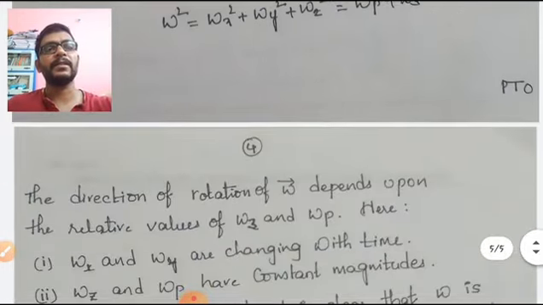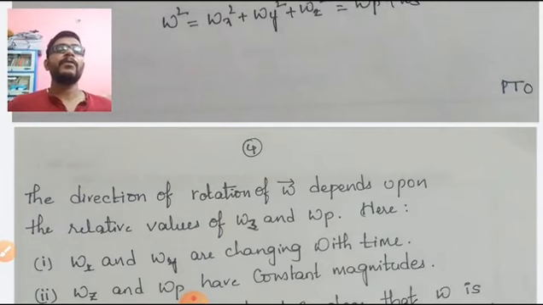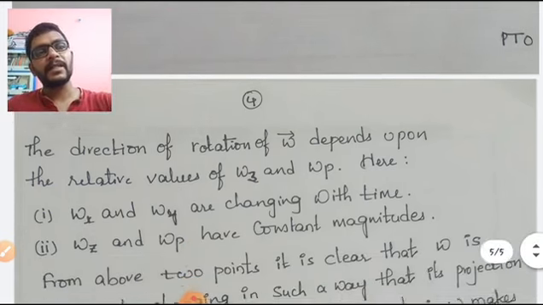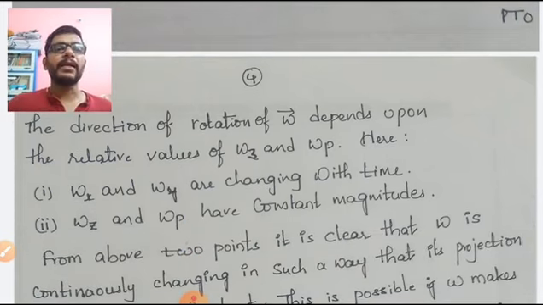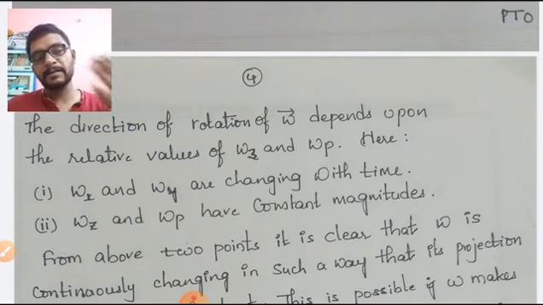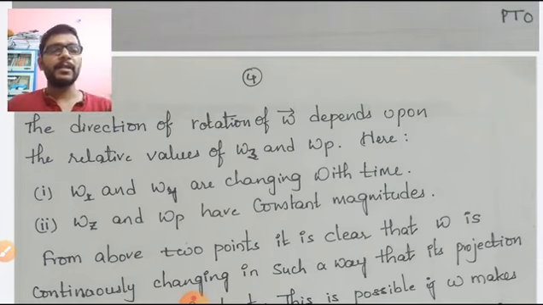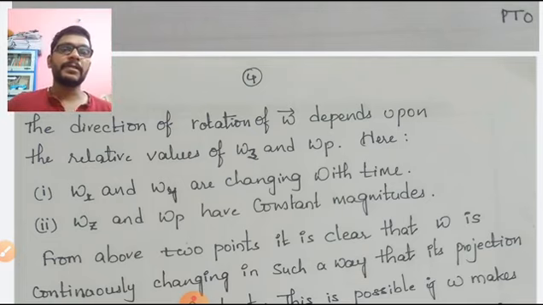And see here, the direction of rotation of omega bar depends upon the relative values of omega z and omega p. Here omega x and omega y are changing with time, because the symmetrical top is rotating in the xy plane. That is why omega x and omega y are changing with respect to time.